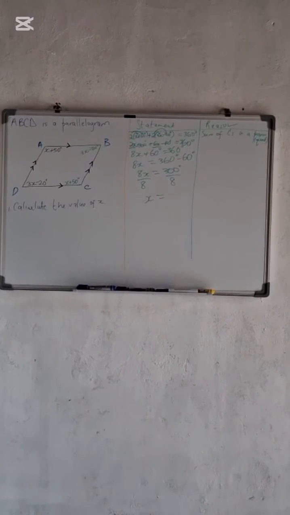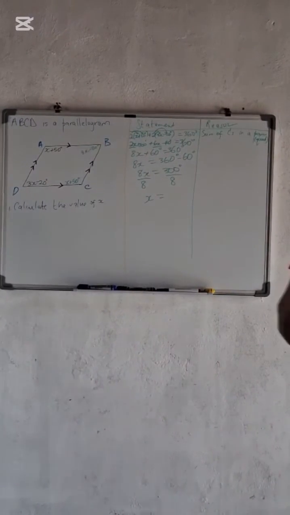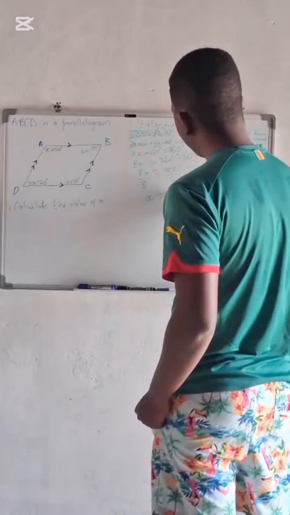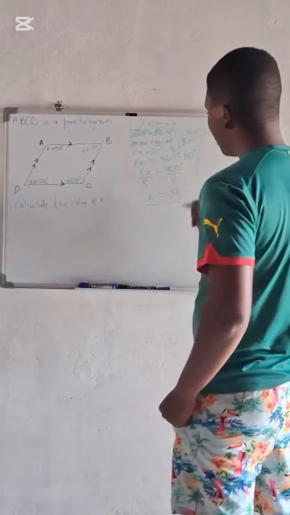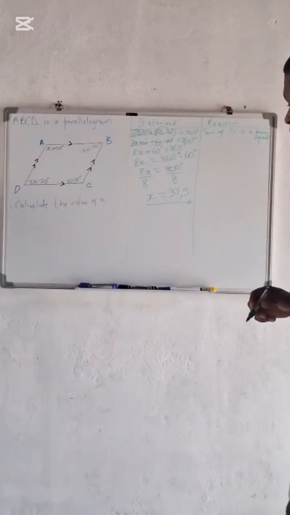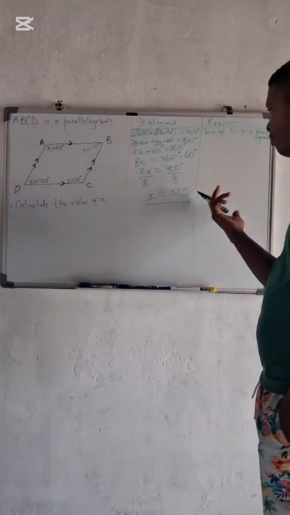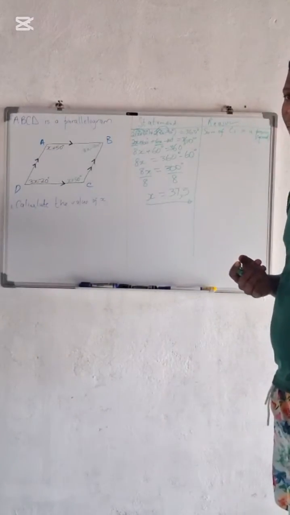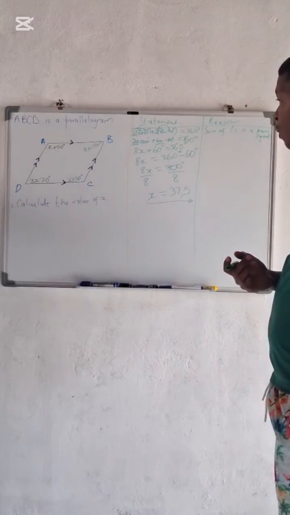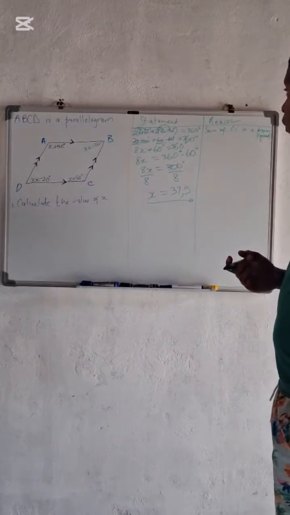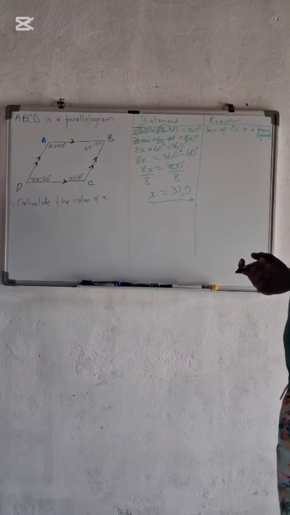So the correct answer is 37.5. Even if I wanted to, I would not have calculated that using my head. I know I can do a lot of stuff, but that was so improbable.